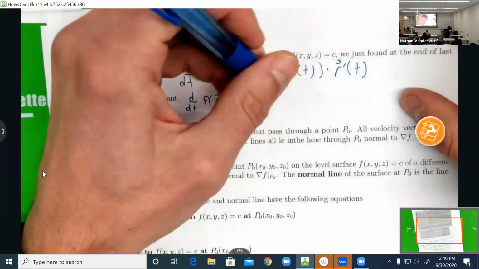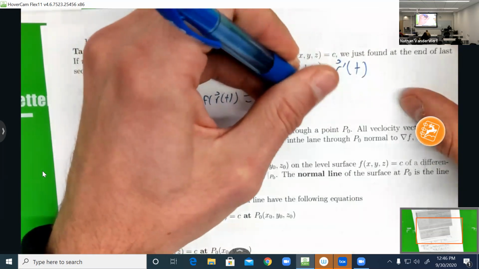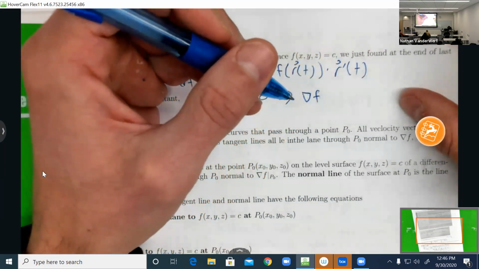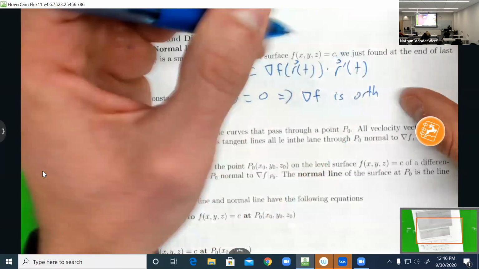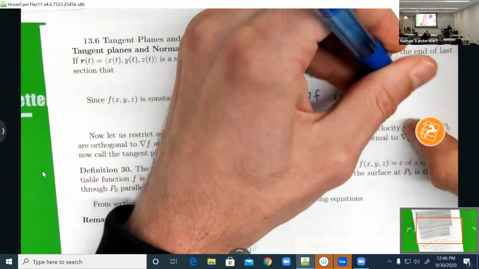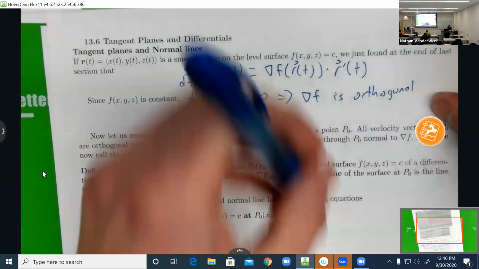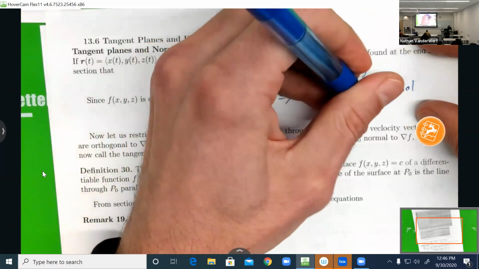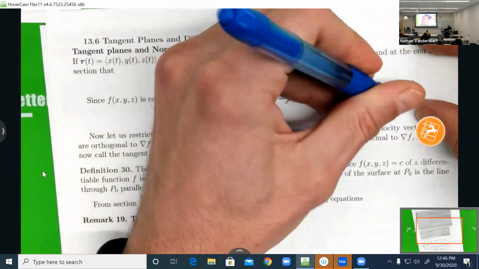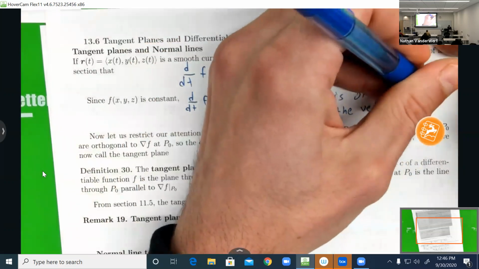So that means the gradient of f is orthogonal, since we're not even really doing this at a point, this is just always true, the gradient is orthogonal to the velocity r prime of t.